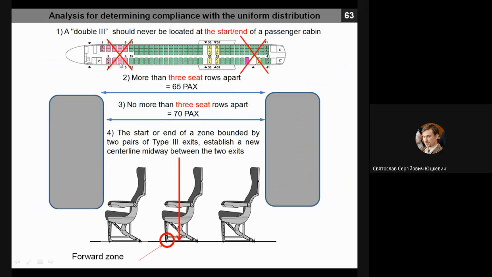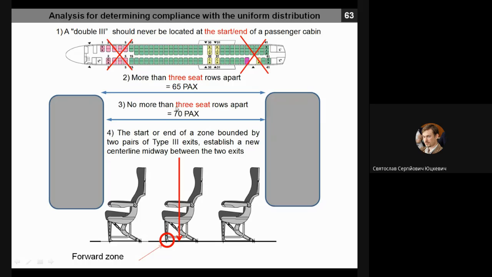But if we talk about the double type 3 exit door, as you remember, it must be an over wing door. So the dimensions of the wing will not give us the opportunity to put more than 4 or 5 exits. 4, I guess, will be the maximum, or 5. So in this case, it could be only 65 passengers, but typically it will be located at a distance of 1 or 2 seats between them. So double type 3 gives us 70 pax.